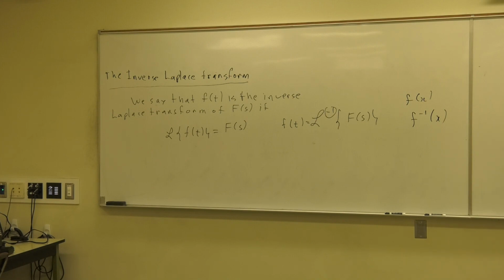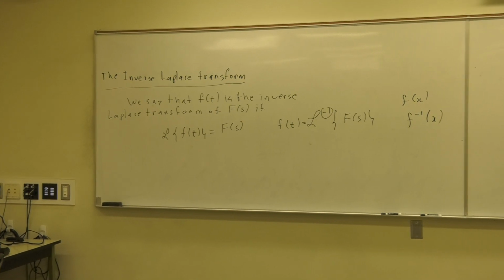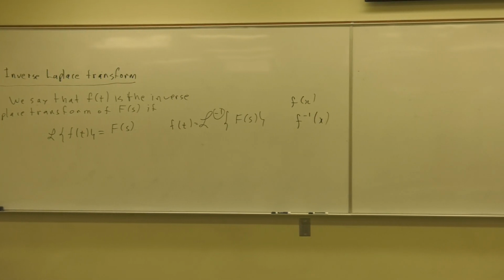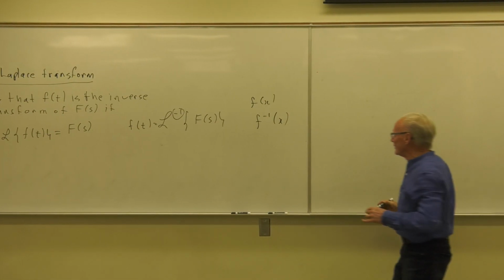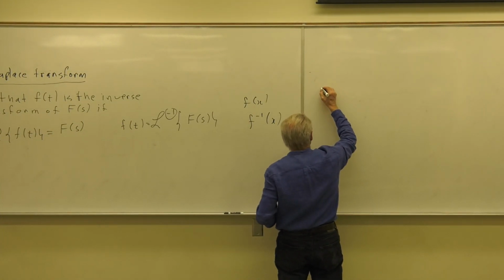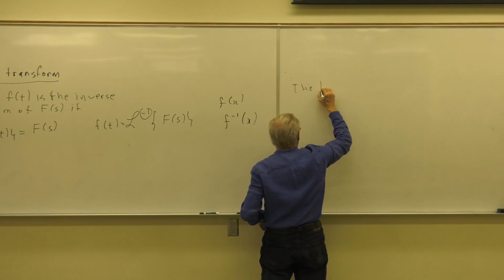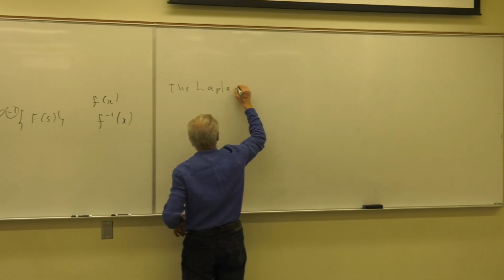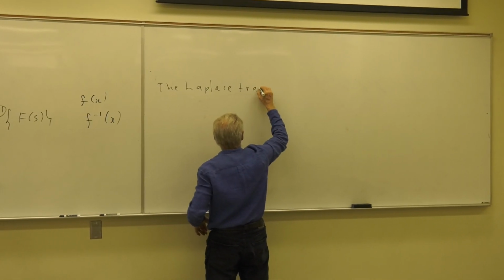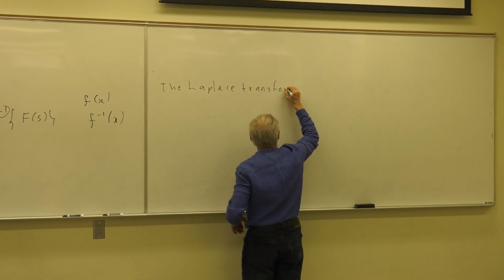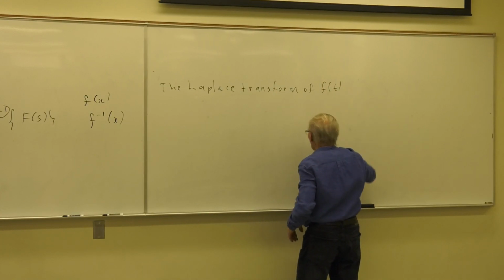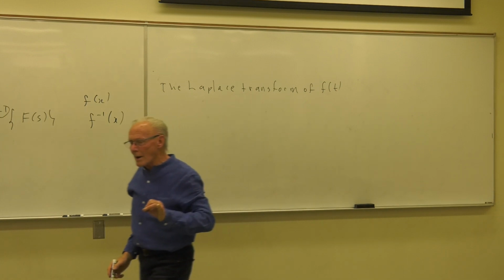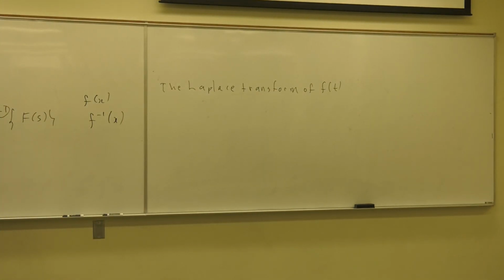A function f of t has exactly one transform. If I give you an f of t, the Laplace transform of a function f of t, is there one or could there be more?